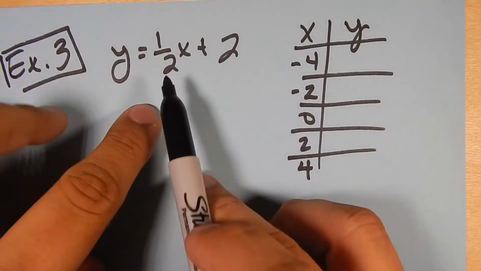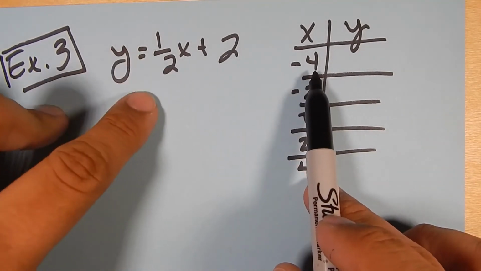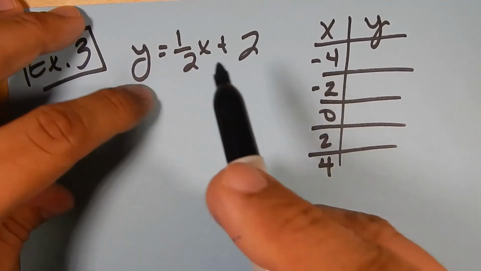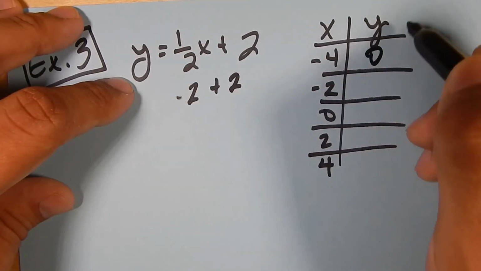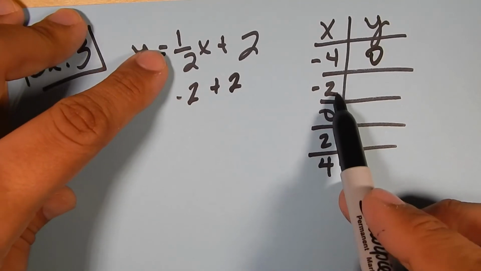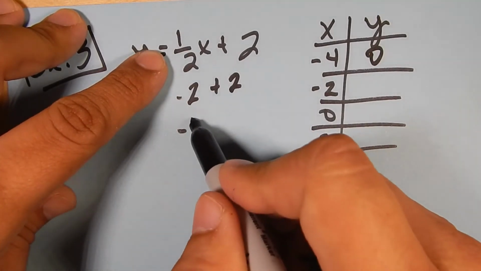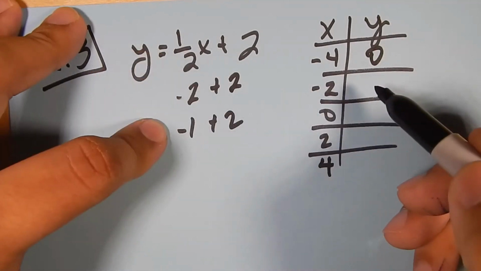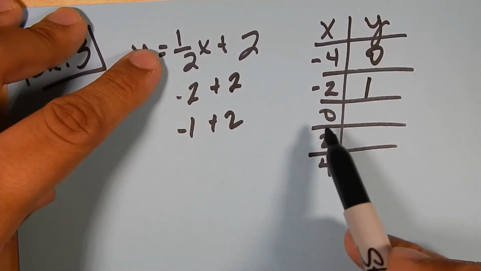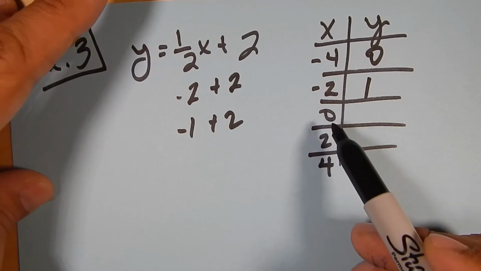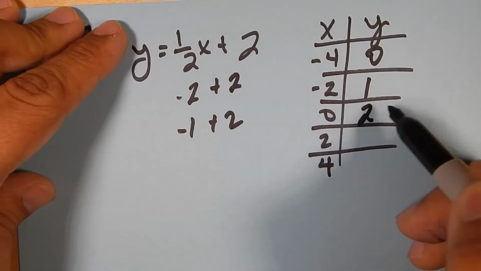Okay, so 1/2 times -4 is going to be a -2. Add 2, that gives us 0. Half of -2 is -1 plus 2. That's going to be 1. 1/2 of 0 is 0 plus 2 is 2.